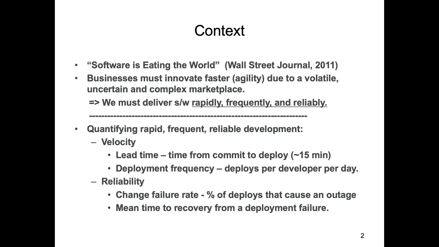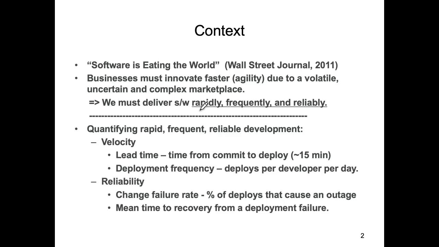And so if we take that point and we take the point that software is central to any organization's operations, then that must mean that we as developers of software need to be able to develop software in a rapid, frequent, and reliable way. We need to be able to turn around new features for our business customers rapidly.